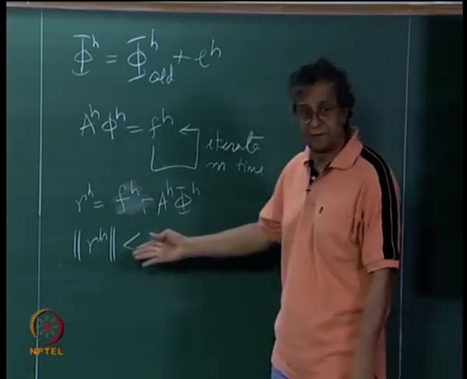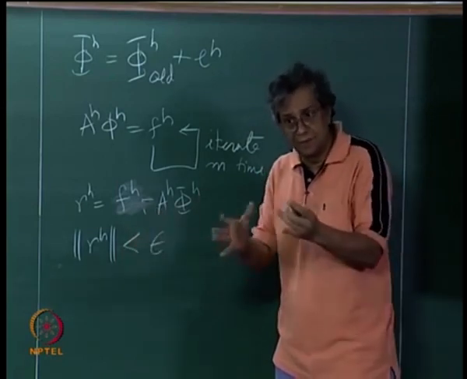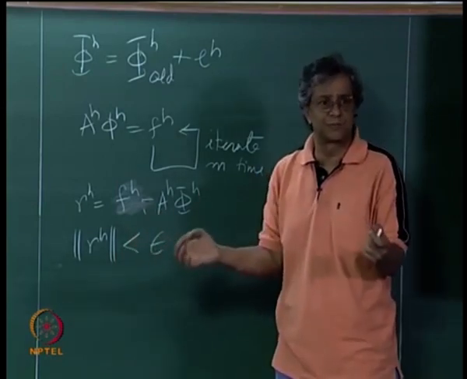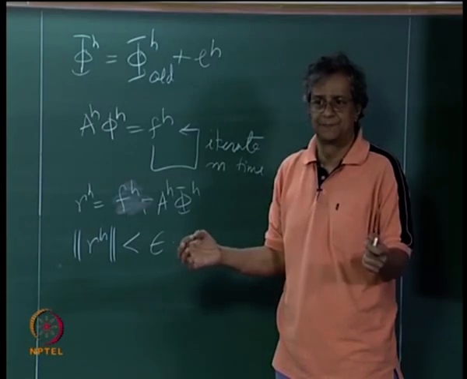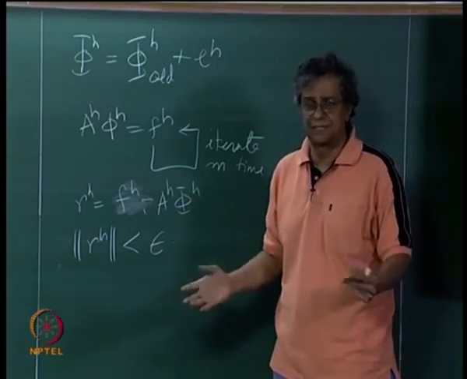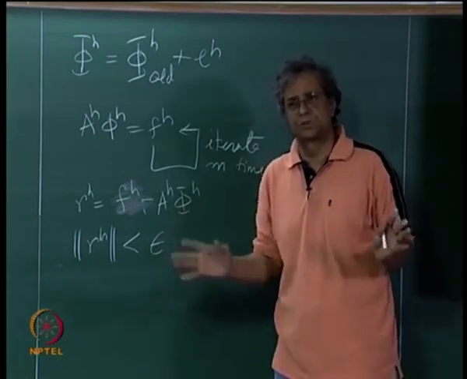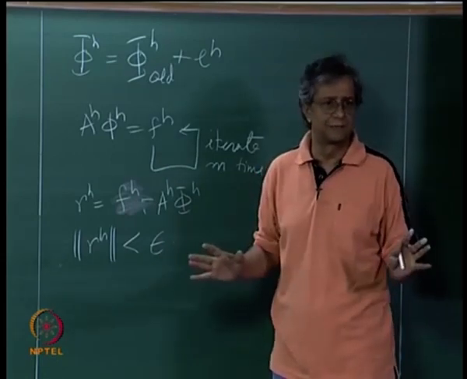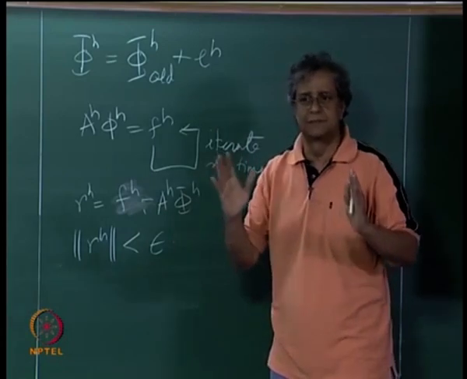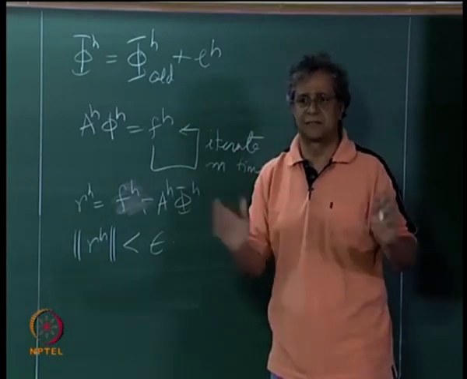The reason why we are making this effort is I want a solution on that fine grid, because that is the resolution that I want. I have looked at the problem, I have a sense as to what the flow features are like, and I have said okay, I need a grid that is 1 millimeter in size, let us take actual physical dimension.